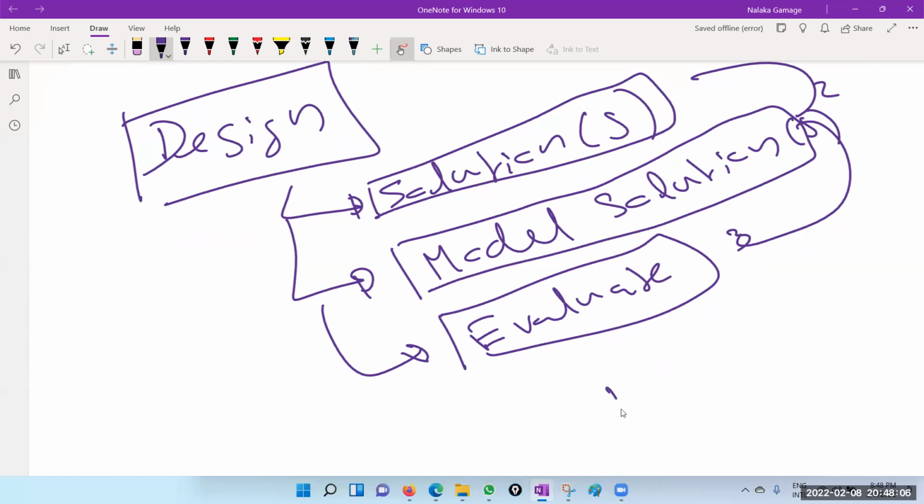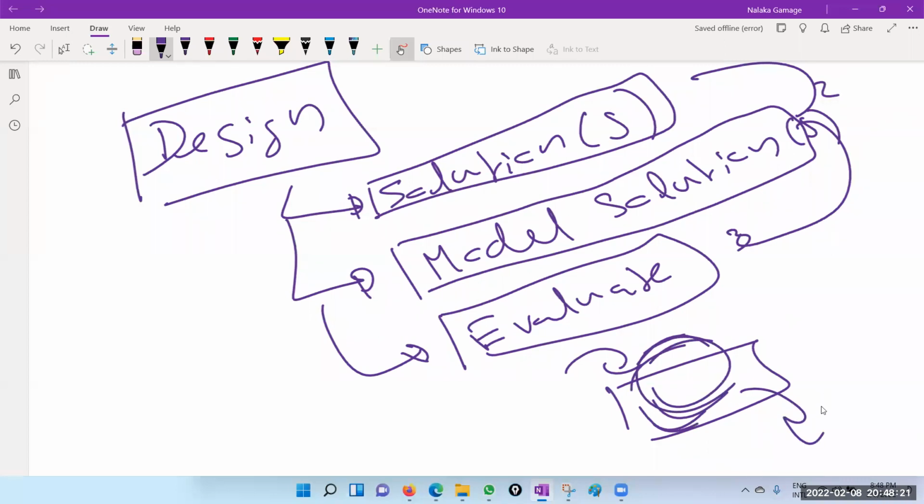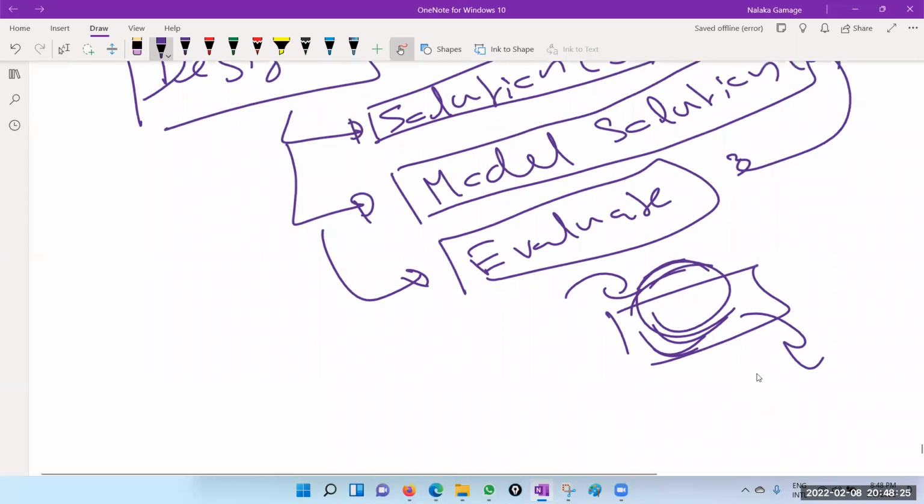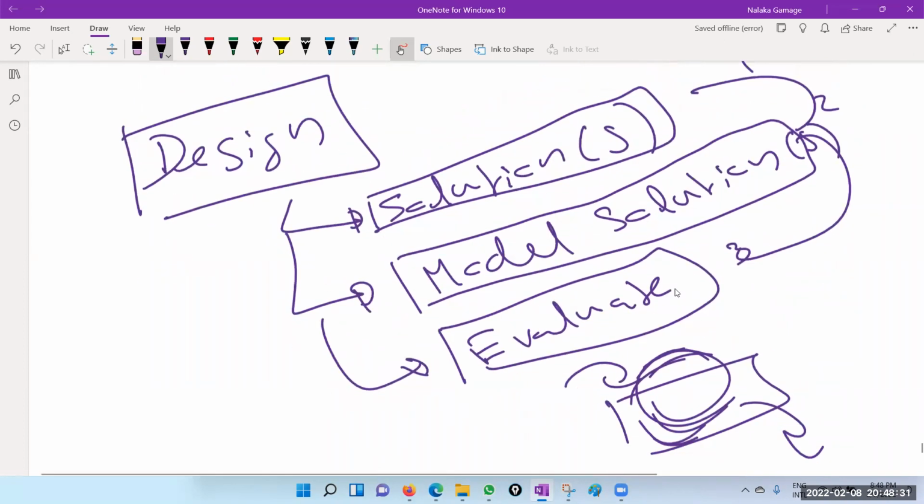You can't generate the best solution as the first thing. So you come up with a solution and you refine it. You find some issues, you find some room for improvement, and you refine it. And only then you start developing. And while developing, we can even refine it further. That is the idea of designing.